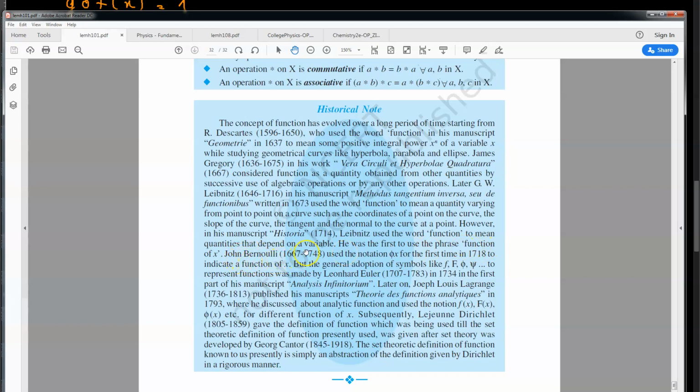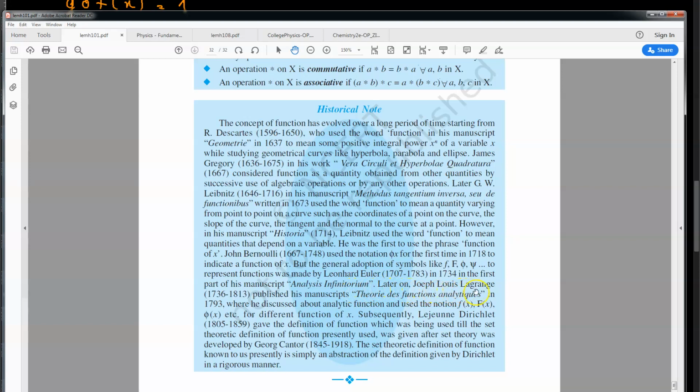John Bernoulli, 1667 to 1748, used the notation phi of x for the first time in 1718 to indicate a function of x. But the general adoption of symbols like f, phi, psi, and so on and so forth to represent functions was made by Leonhard Euler, 1707 to 1783, in 1737, in the first part of his manuscript Analysis Infinitorum.